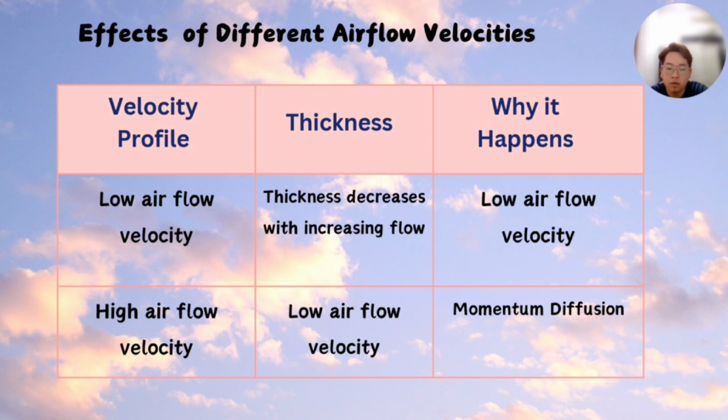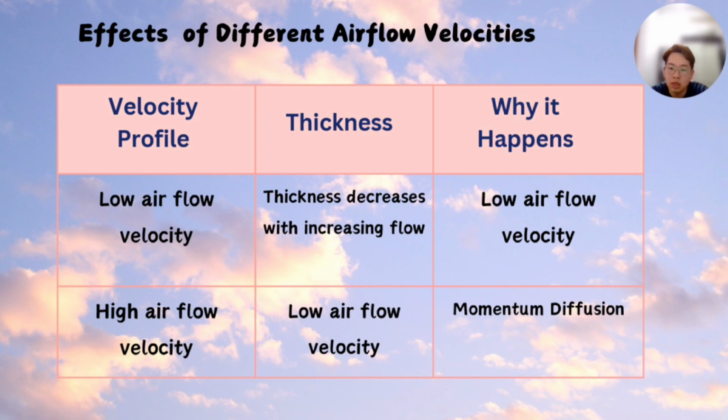The higher airflow velocity reduces boundary layer thickness due to stronger inertial forces dominating over weaker viscous forces, leading to thinner velocity profiles and sharper velocity gradients near the surface. In a lower airflow velocity, the boundary layer thickness increases because viscous forces dominate, resulting in smoother velocity transitions and thicker profiles. And why does it happen in lower airflow velocity?